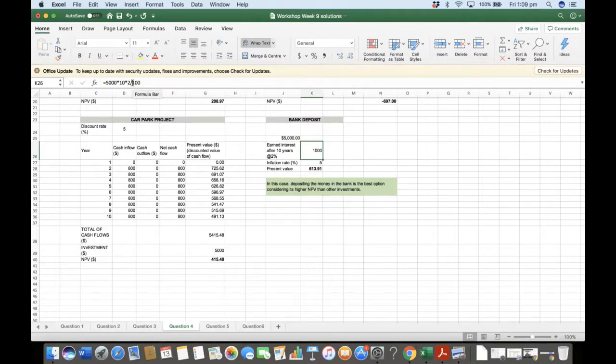Now, if in your exam you're given a compound interest rate, that will have a different formula, but here you are told that you will earn your interest based on simple interest rates. So just do this and you will get the total earnings from this deposit at the end of 10 years. Now, clearly you have your initial investment, and on top of that you are getting this benefit.